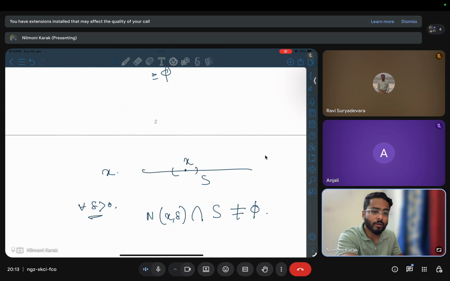Every time you will get a delta, because the difference is always not less than 1.